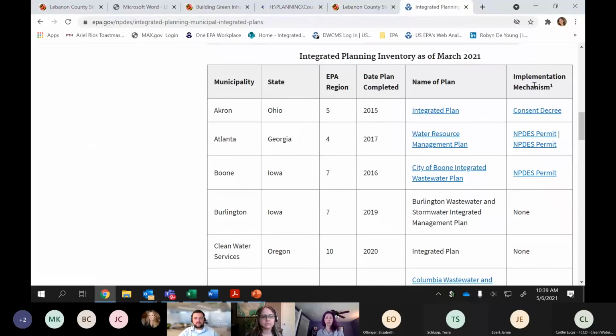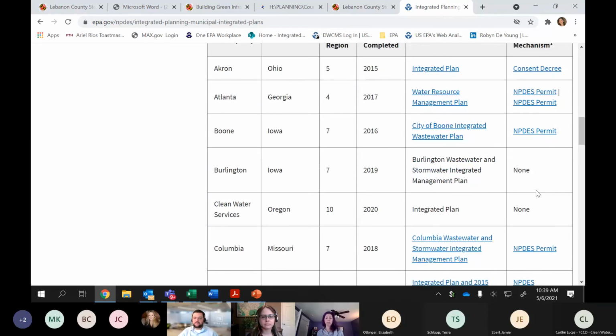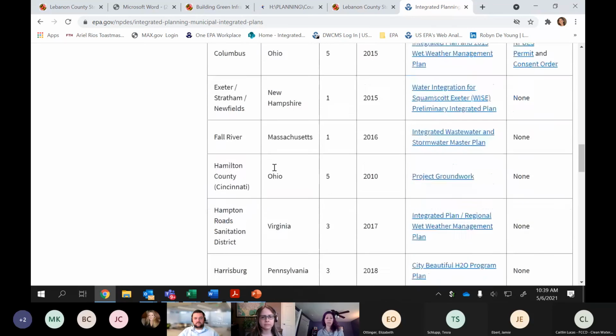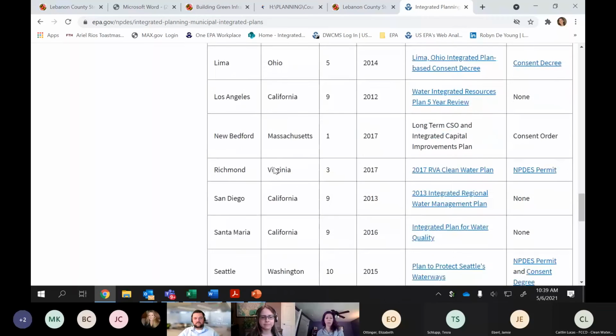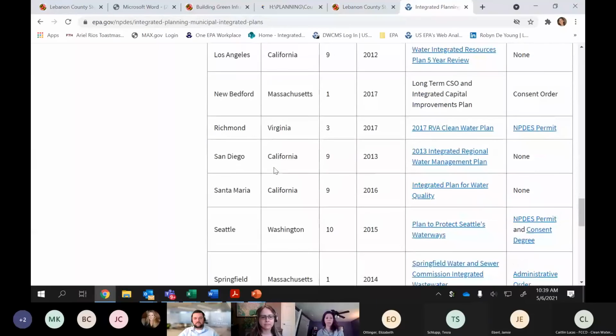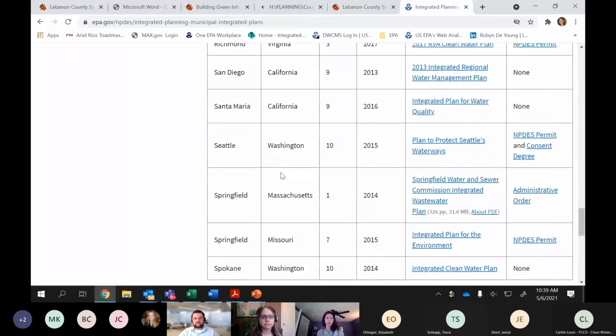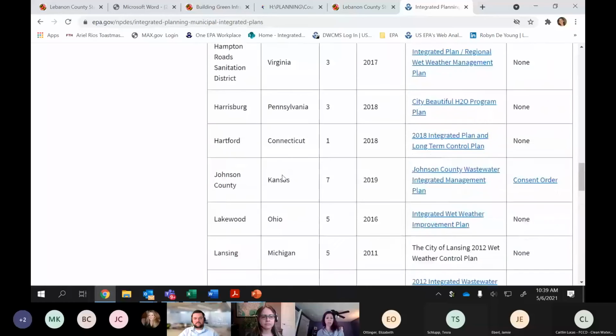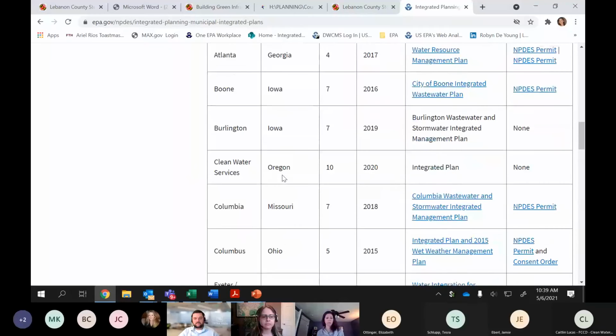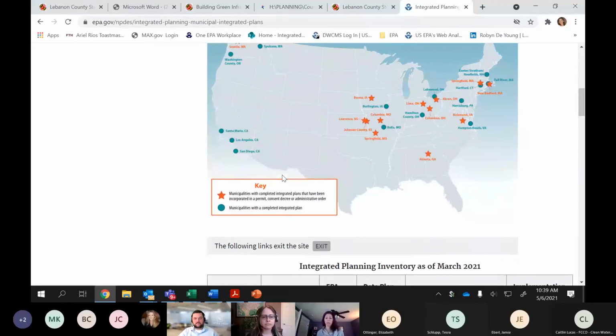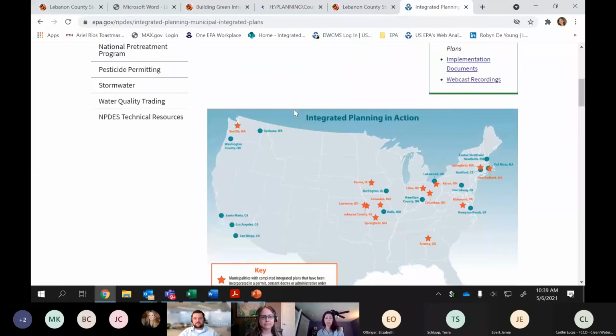If there was an implementation mechanism that is publicly available, we link to that. It's all alphabetical by the municipality's name. Looks like I need to add Rolla.